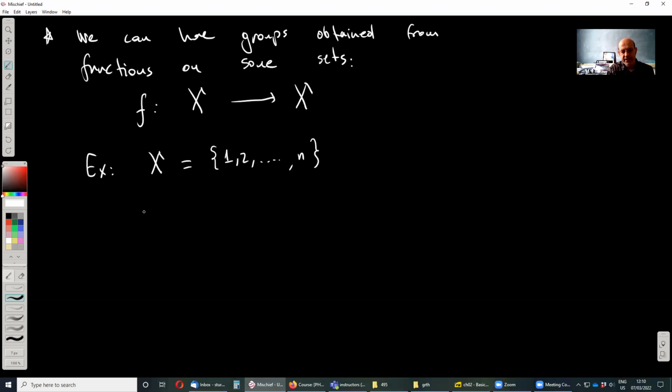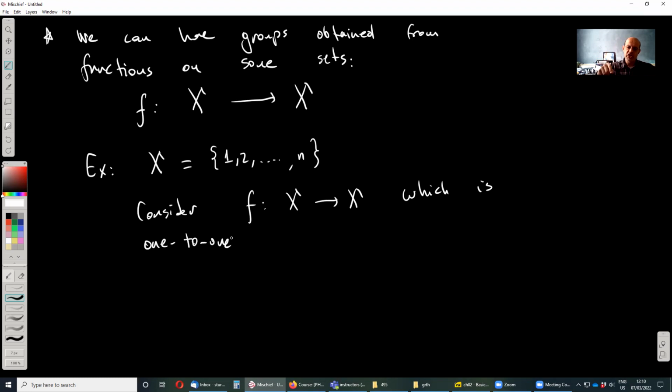And just consider, for example, a function from X to X, which is 1 to 1, meaning that that function maps each number to a different number.